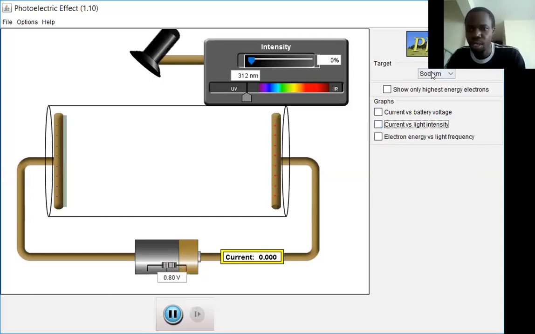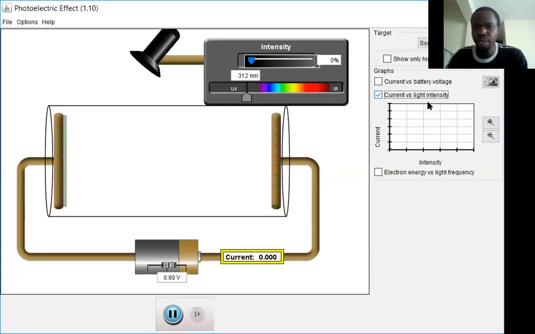So we'll be using sodium. We have sodium, zinc, copper, platinum, and calcium. Let's look at how current varies with intensity. Here is the switch. We can connect it and see what happens.